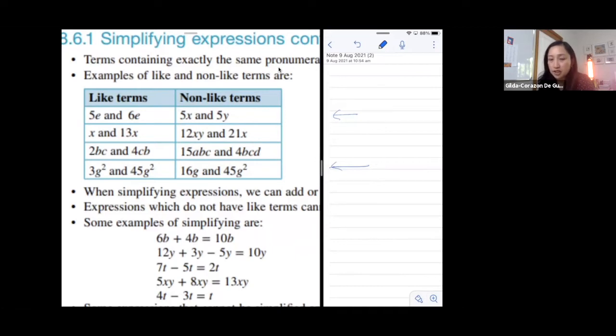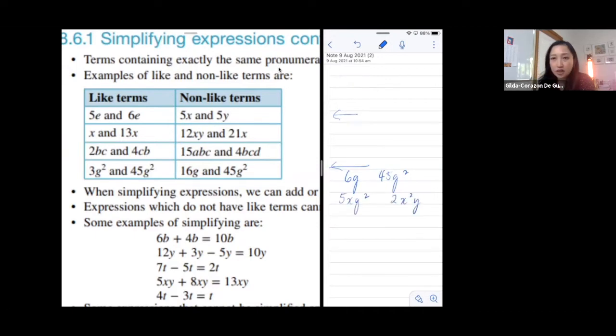They are not like terms, even though they've got the same pronumerals, because with those pronumerals, we need to have their powers or their indices, or we call them exponents. They need to have exactly the same index, okay? So when you have 6g and 45g squared, they are not like terms, and likewise 5xy squared and 2x squared y.